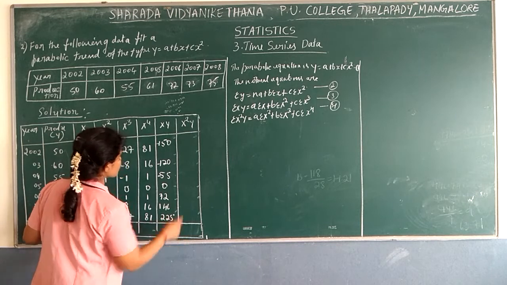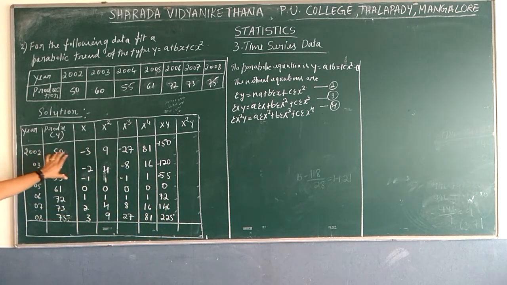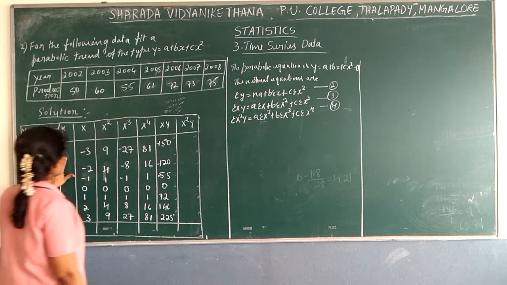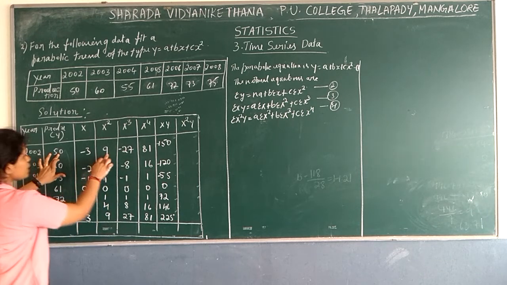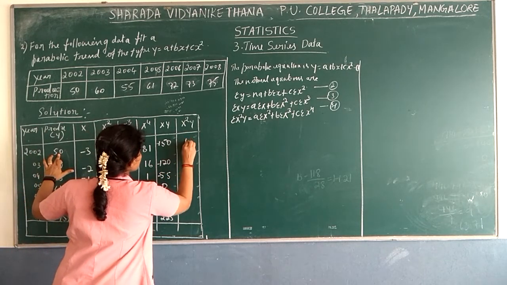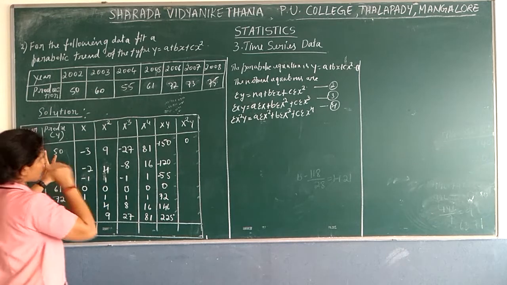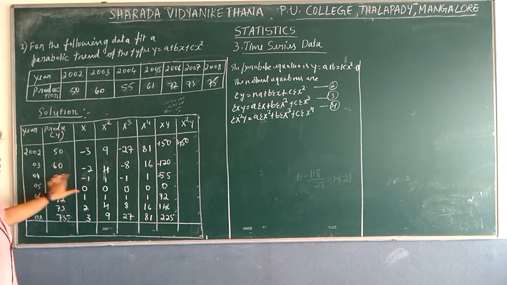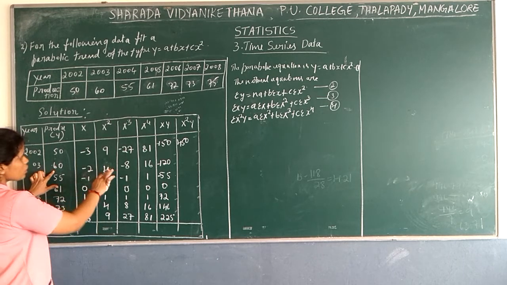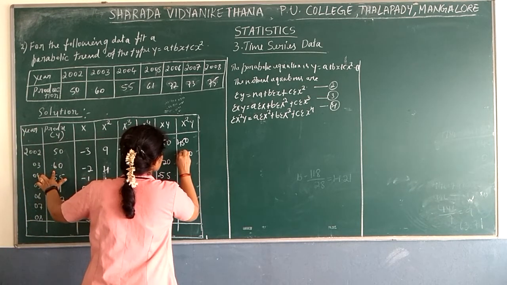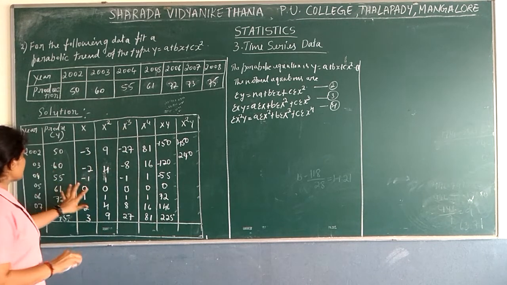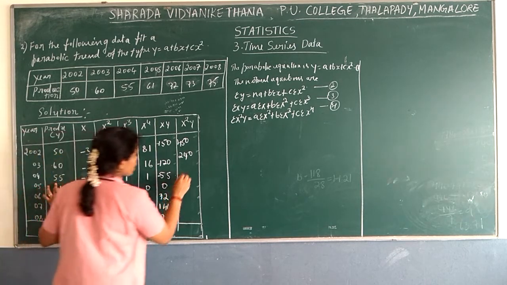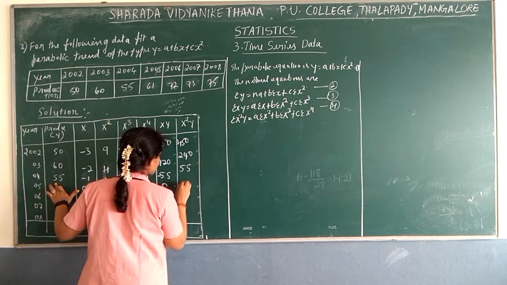Then last column x square into y: 9 into 50, we get 450. Then 60 into 4, that is 240 we get there. Then 55 into 1, there it is 55.